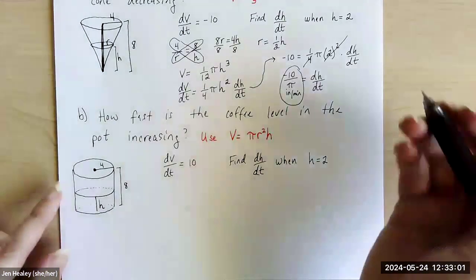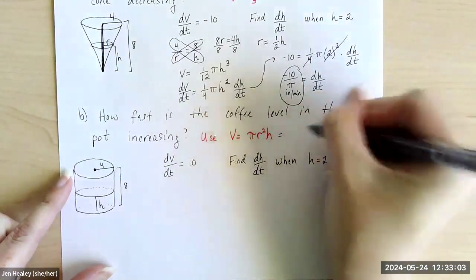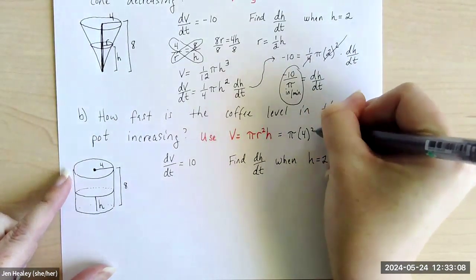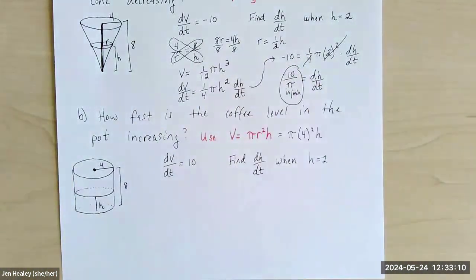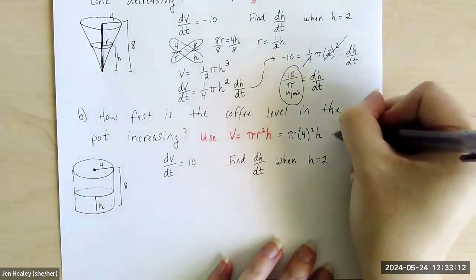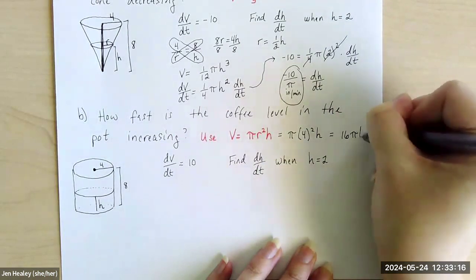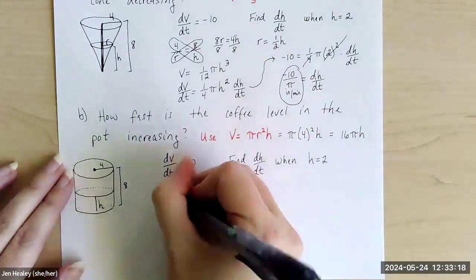So I'm going to replace my radius up here, 4 squared, with 4. So this is going to become 16 pi h, my volume formula.